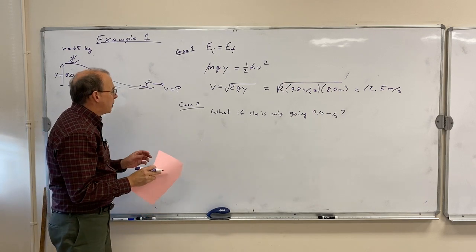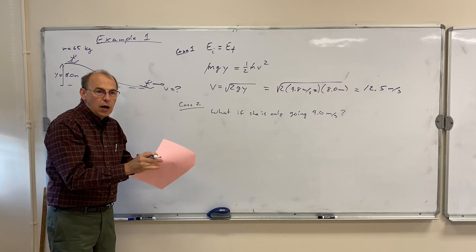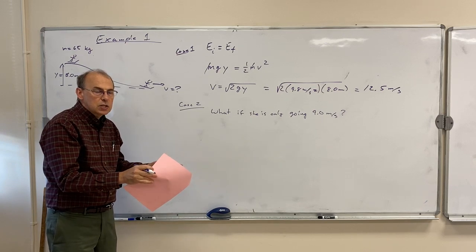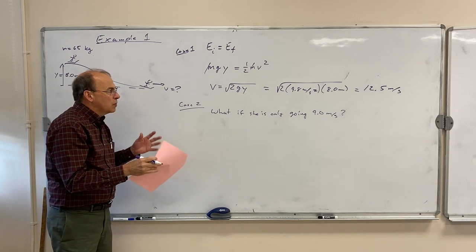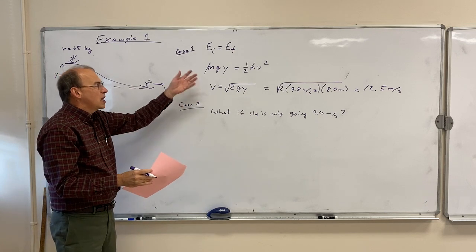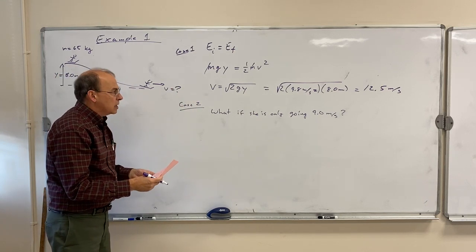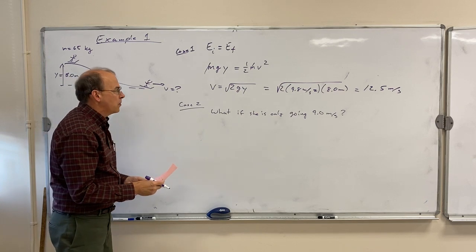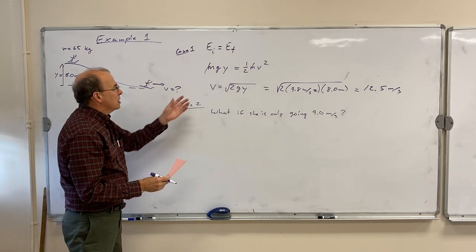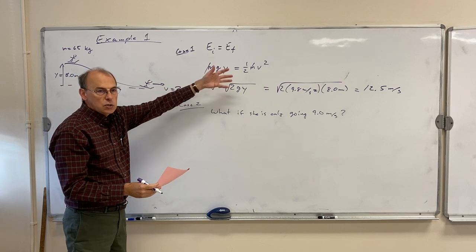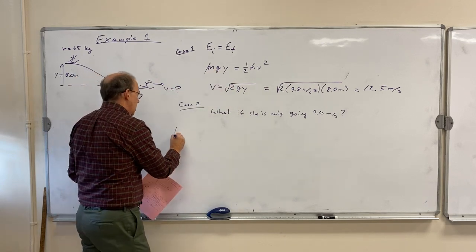It went into plowing the snow out of the way, went into moving the snow, it went into heat, it went into other places besides these. And so we can compute the energy lost to other forms by just saying it's the difference in these two energies.